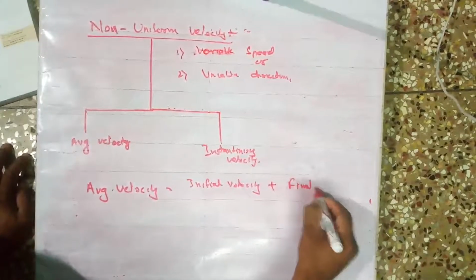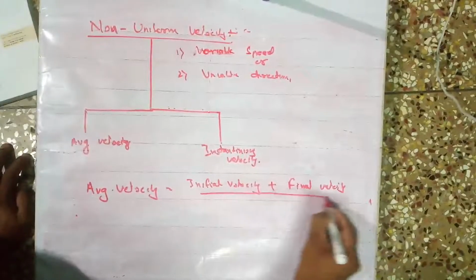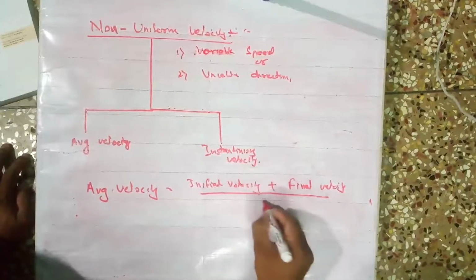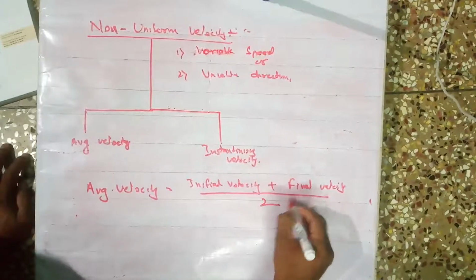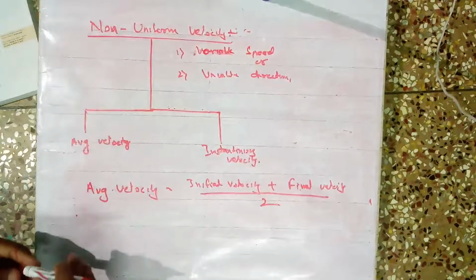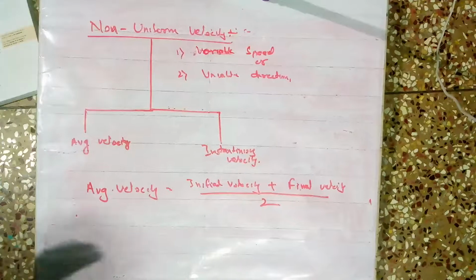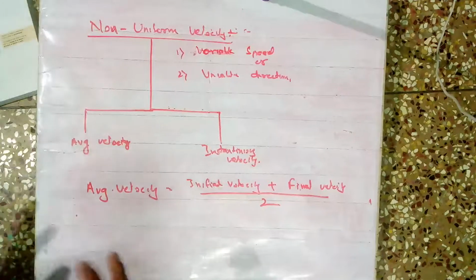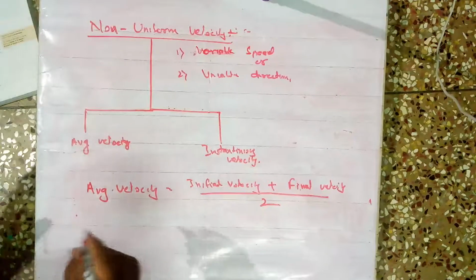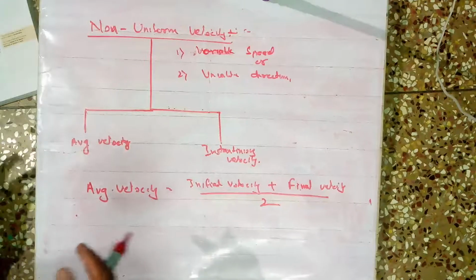That is called final velocity. So the average is the initial velocity plus the final velocity, whole divided by 2. This will give you the average velocity. Then what is average speed? Total distance by total time. Here we can also say total displacement by time, in the direction.